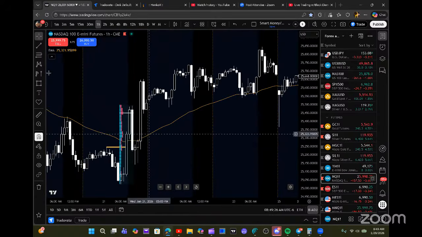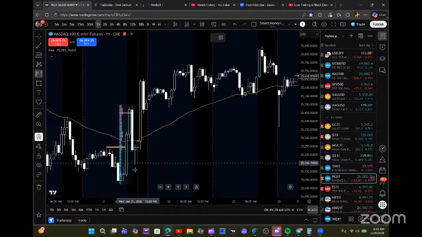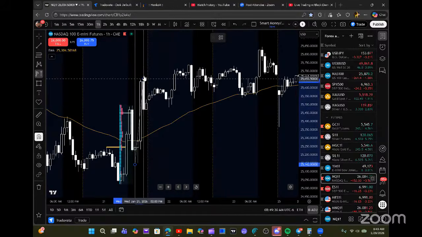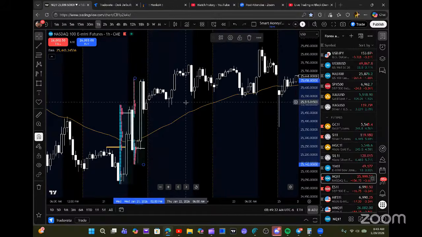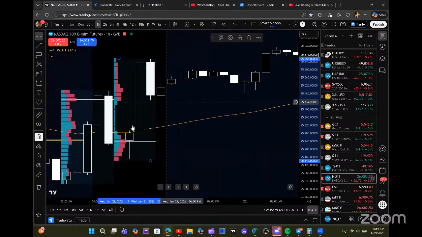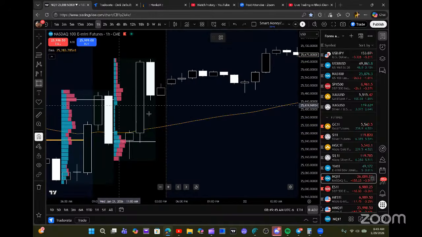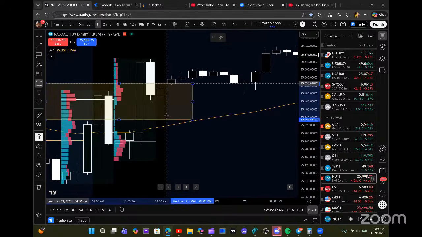I marked this leg right here. So I went from this low to this high. All right. So I'm looking, I'm like, okay, we got all this low volume. We got this high volume, this high volume, and this is the lowest part right here. And I boxed it and stretched it.